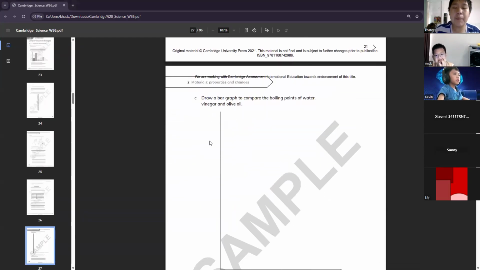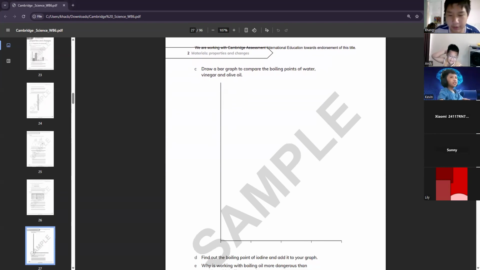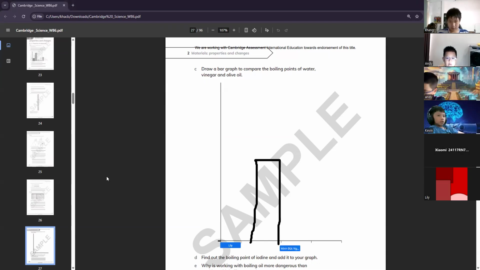Now, draw a bar graph to compare the boiling points of water, vinegar, and olive oil. Can somebody try? I need to see the chart one last time to do this. Would anybody like to try this? This is water. This is vinegar.